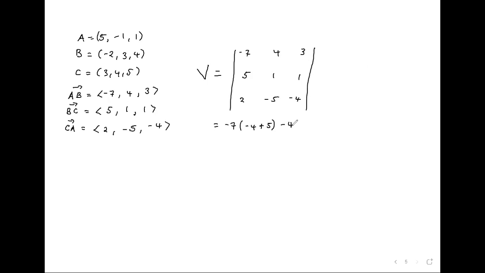And then minus 4 times (negative 20 minus 2), and then plus 3 times (negative 25 minus 2). Negative 7 times 1, minus 4 times negative 22, plus 3 times negative 27.